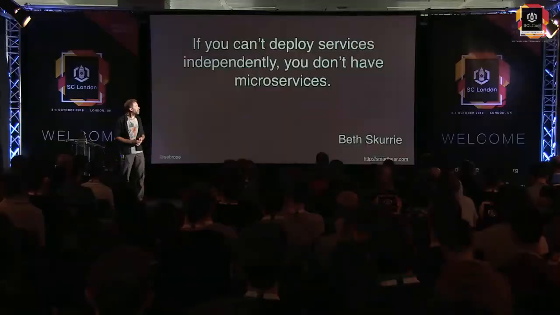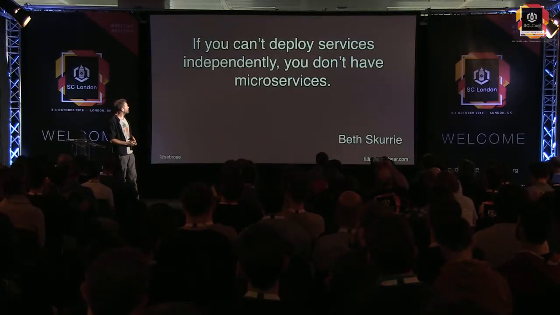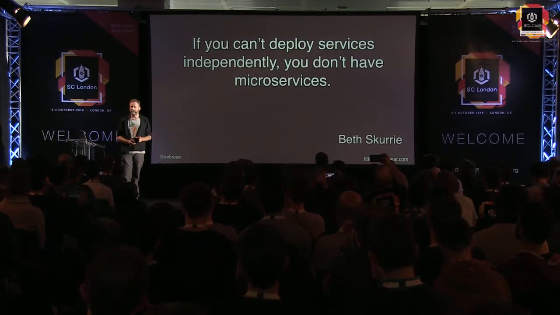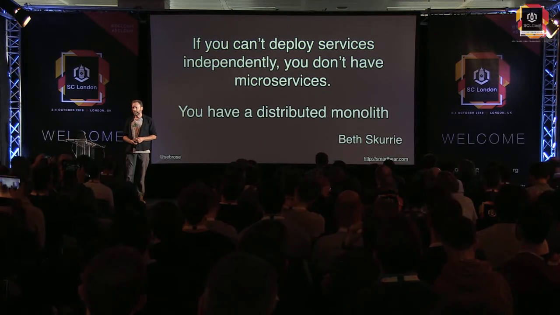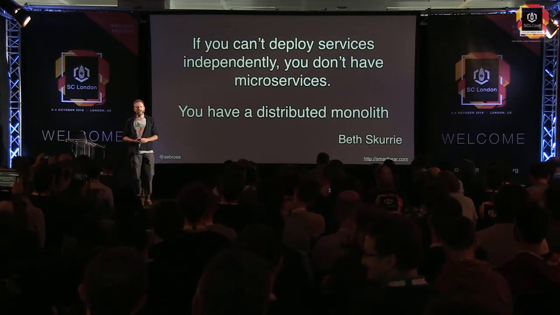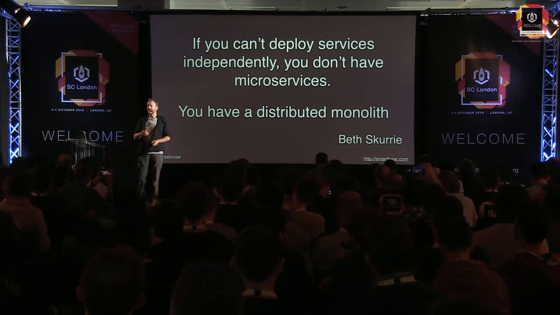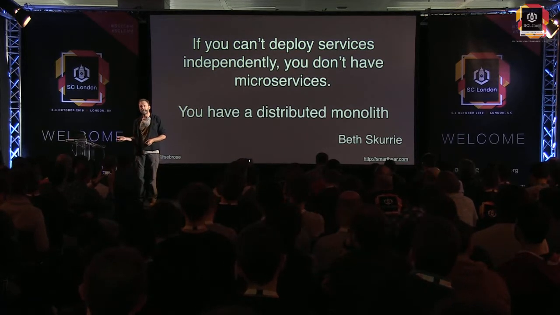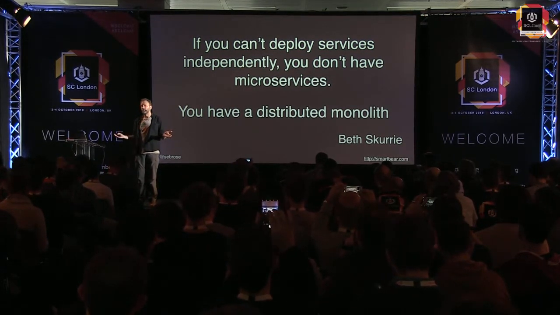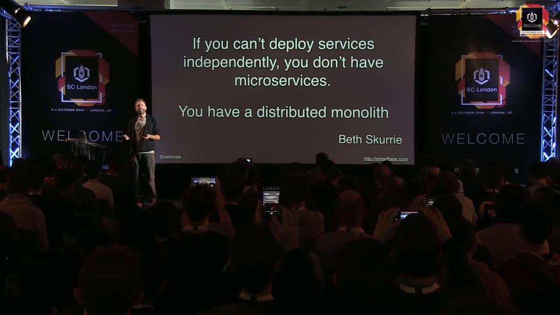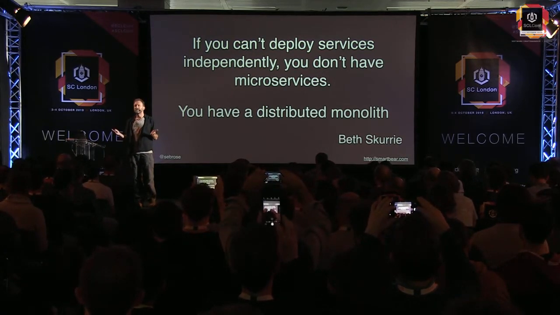It's a smattering. With microservices, this is a quote from Beth Skurrie, who created Pact. She says, if you can't deploy your services independently, you don't have microservices. You've got a distributed monolith. It's a great quote anyway, but I think it puts the myth to rest, because distributed and monolith are not opposites.